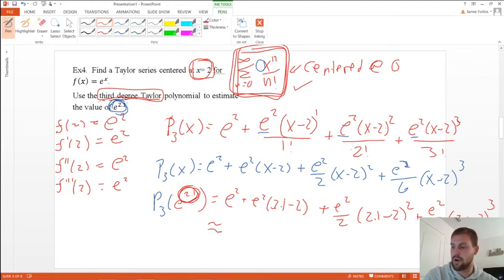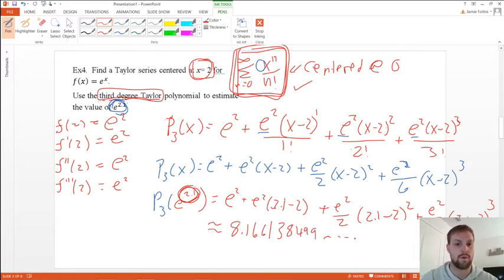And that is approximately going to be equal to 8.166138499, and so on.